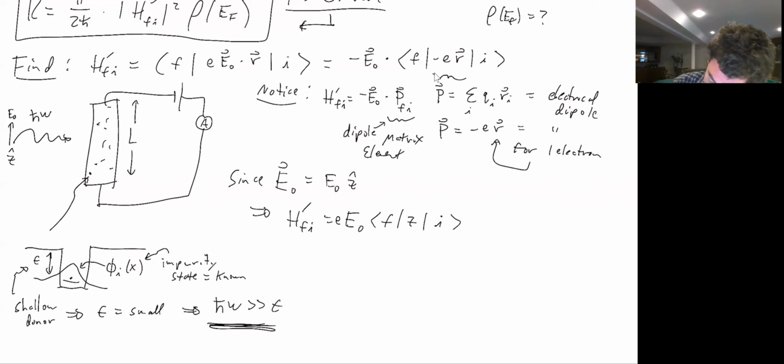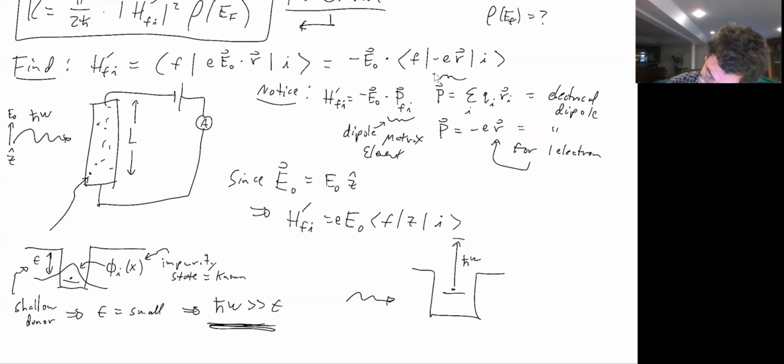And so what that means is that when the light hits it, it takes the electron out to its final state, h bar omega.